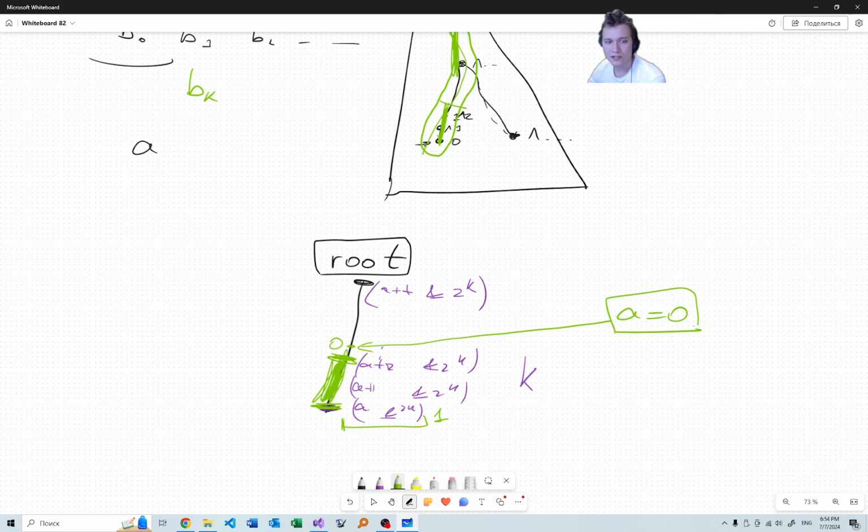And how do I do this? Basically, I have something like the number of ones on a vertical path. So I need to store it. What about the case when this bit is 0?